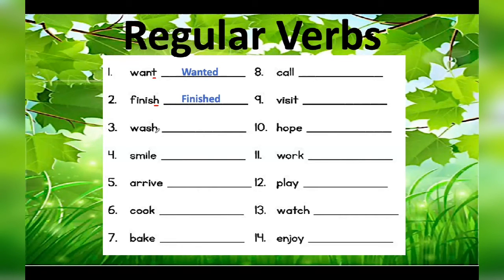Here we have the verb wash. Again we have h, the consonant, so we'll add ed in it: wash, washed. Then we have smile. Now here we have the vowel E, so we'll only add D in it. Smiled. Here we have the verb arrive. Again E is a vowel, so what will we do? We'll just add D in it.